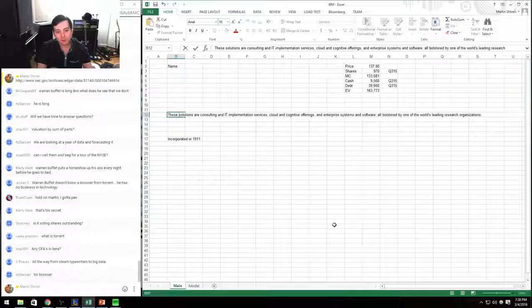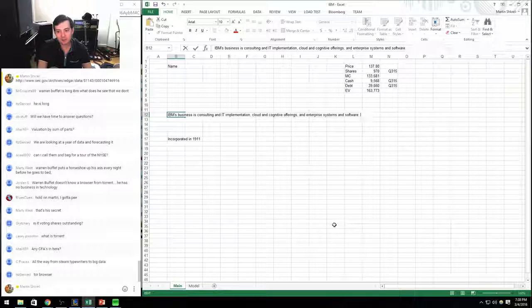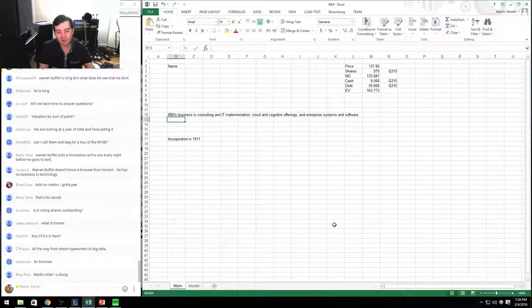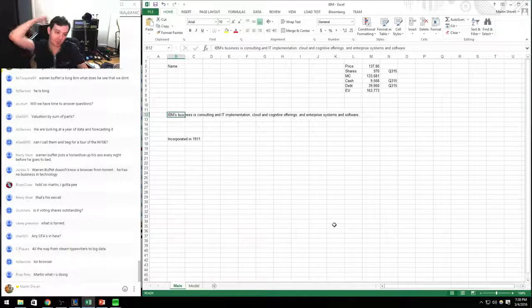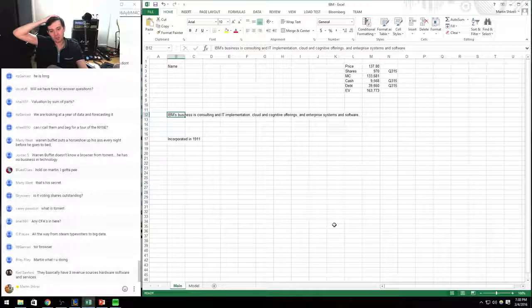And these solutions means IBM's business is consulting and IT implementation, cloud and cognitive offerings, and enterprise system and software. That's it. This whole paragraph, this is the translation. IBM's business is consulting and IT implementation, cloud and cognitive computing, and enterprise systems and software.